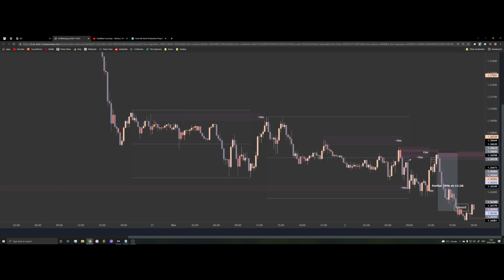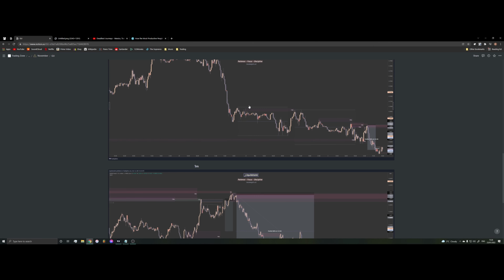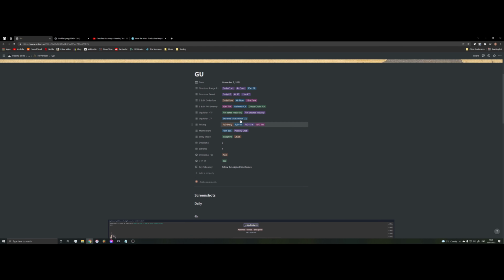And also the POI has inducement in the form of this high here, which is clean. So that would be my high time frame liquidity aspects that I'd want to look for. There's a couple more you can look for, but that generally covers it.